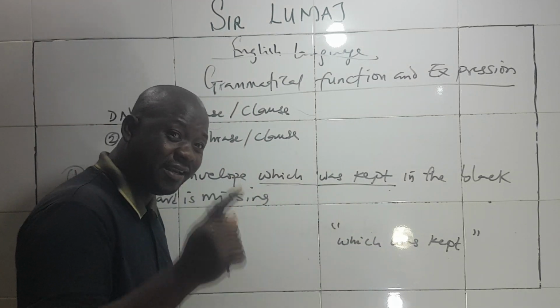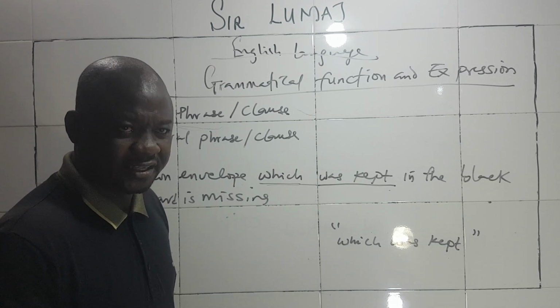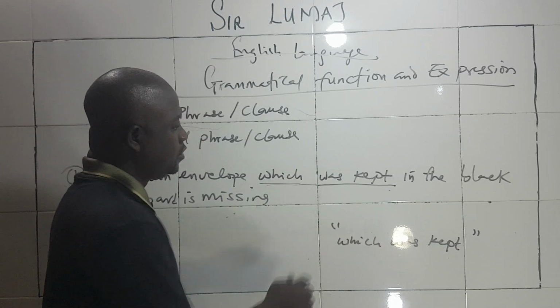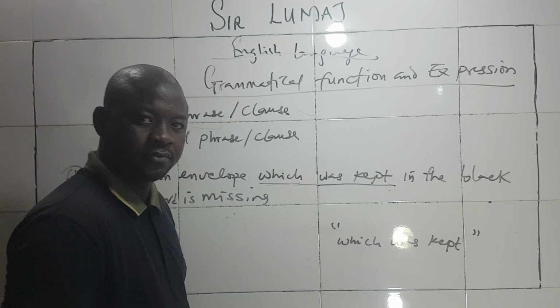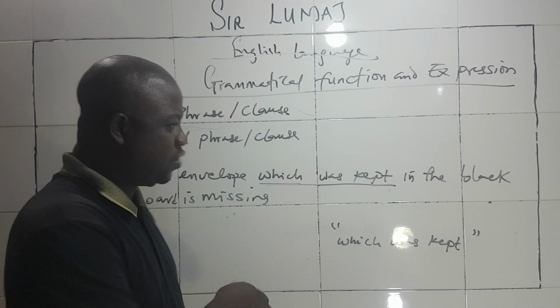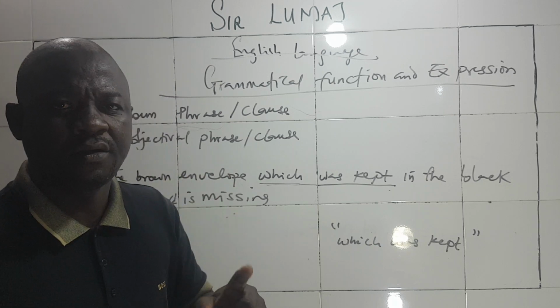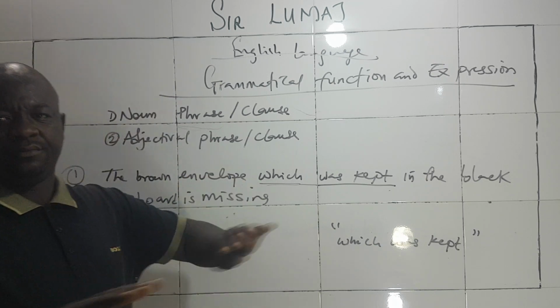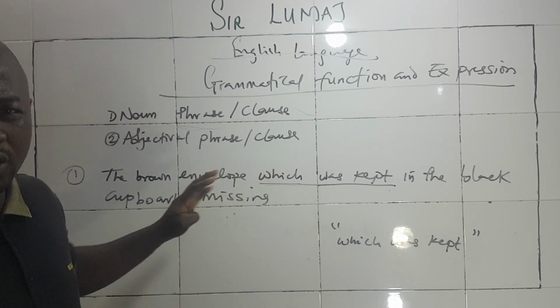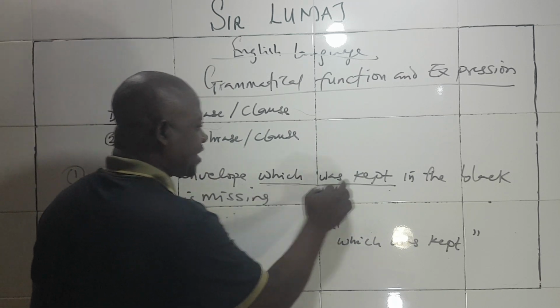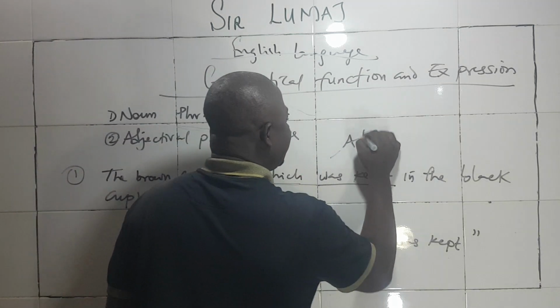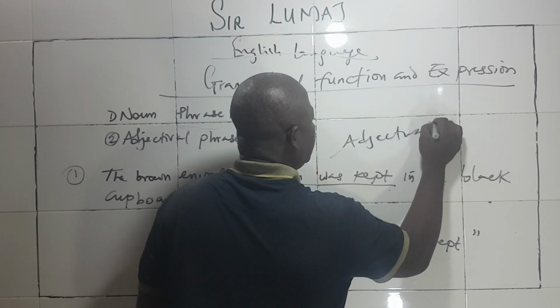Was is a verb, an auxiliary verb, the past tense of is. Kept is a main verb. So you have two verbs there. And I said, once you can find just one verb, just know that it is a clause. So which was kept is what? Adjectival clause.